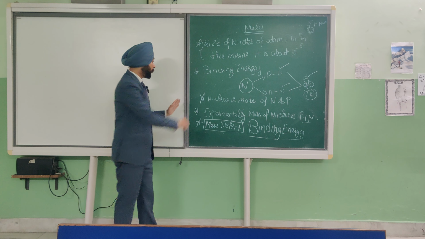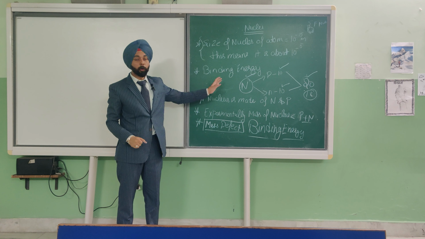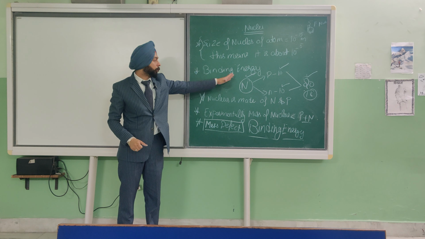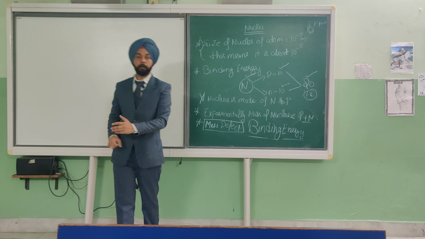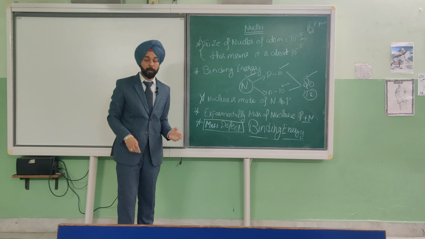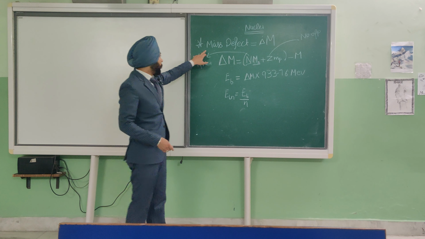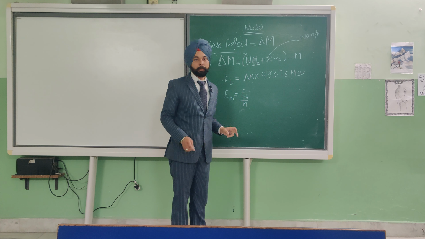We had already started this, and I hope you understand the definition and concept of binding energy. Mass defect is denoted by delta m.